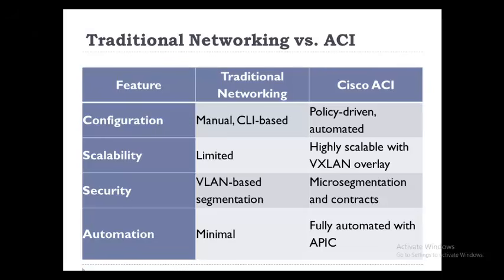ACI is not subjected to the physical limitations because it's VXLAN, tunnels, the virtual circuits that form the topology here. In a traditional network, it is a physical topology, so there are limitations of the physical hardware.